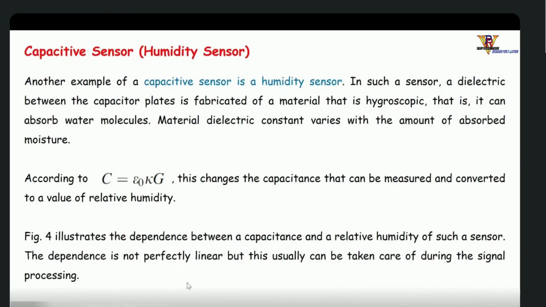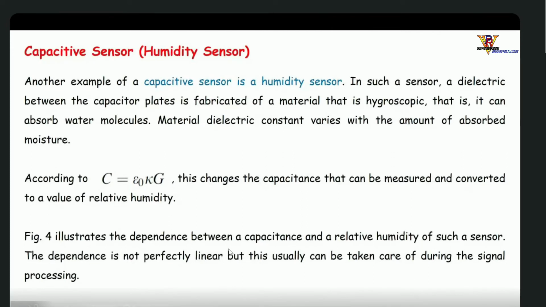Means the change in humidity means the absorption of water molecules, and in fact it may be proportional to the relative humidity value, but it is not always so. But we can take care of this, just like if you have seen the potentiometer. A potentiometer is nothing but a variable resistor. It varies when we move a knob from one position to another, maybe anti-clockwise or clockwise.